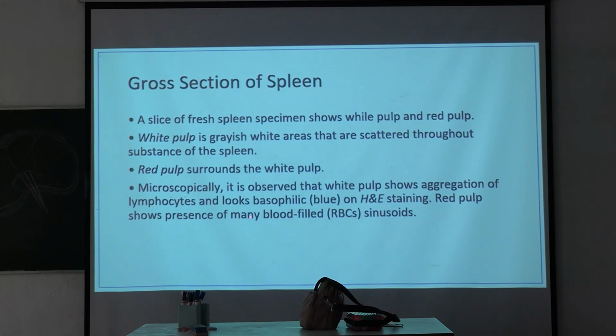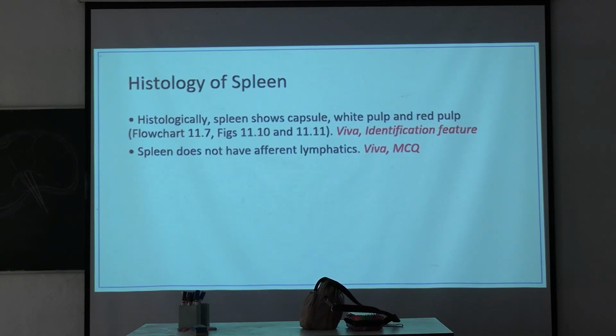Red pulp shows presence of many blood-filled RBC sinusoids. You will be seeing it there.